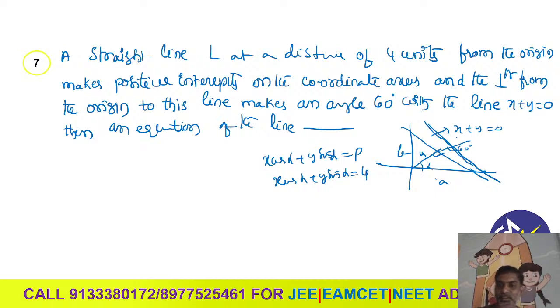So where will it be? It is not here, sir. It could be this side, and it also passes through the origin. That means the line will be here. This is the exact line. With this line, this perpendicular is making a 60 degrees angle. This angle is 60 degrees.